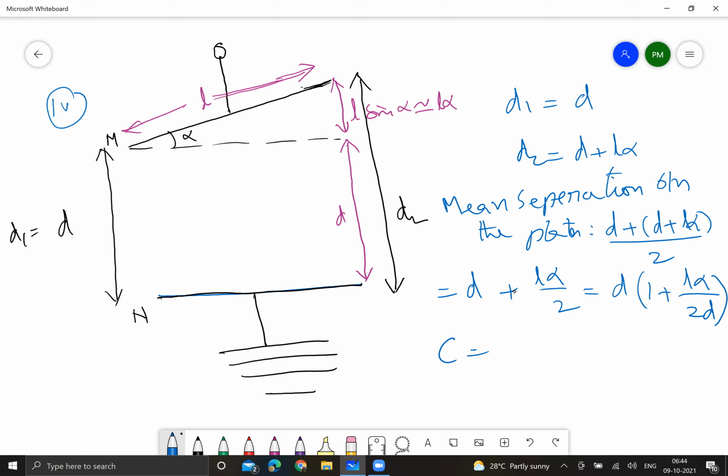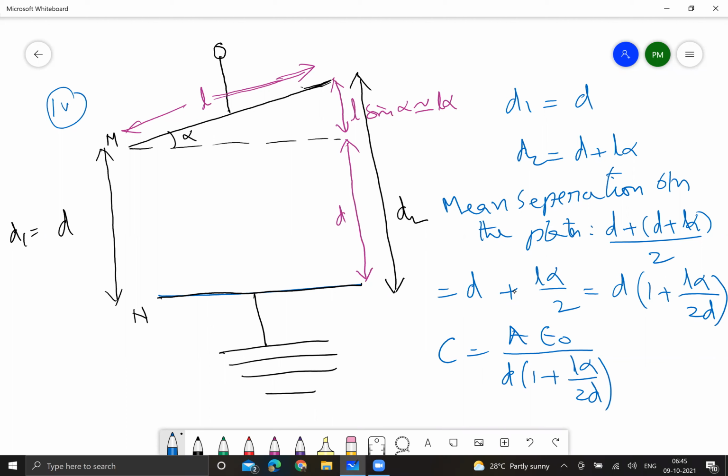So capacitance becomes A epsilon 0 by D into 1 plus L alpha by 2D. D by 2 will come, na? Yes, D plus D, 2D by 2D.